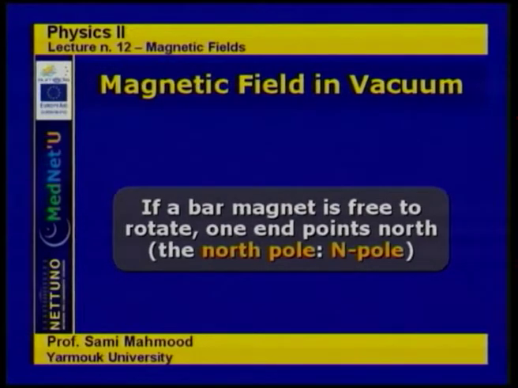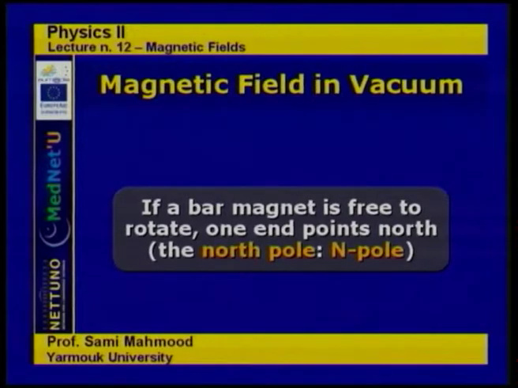If a bar magnet is free to rotate, if it's left free with no forces acting on it, then one end of it will point towards the geographical north.